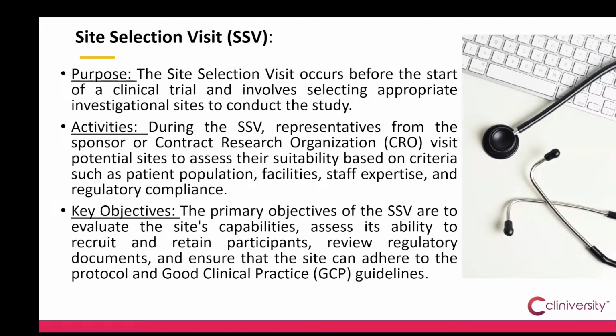There are different reports that we send. Before the CRA and project manager go for a site visit, from the sponsor and CRO, there is something called a confirmation letter. We write an email to the investigator saying that we are coming to your clinical site to do a visit called the site selection visit.